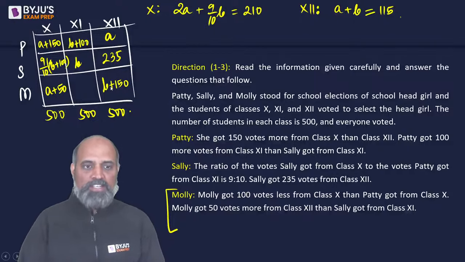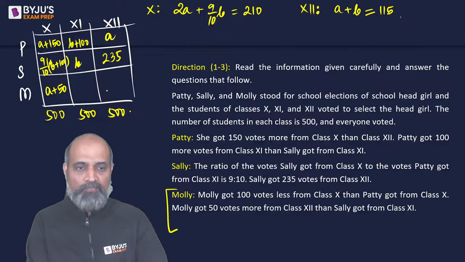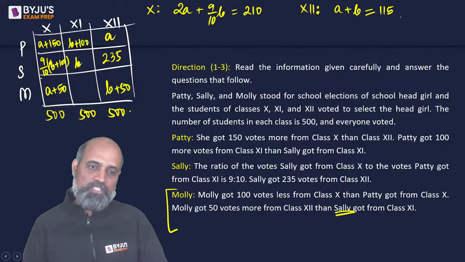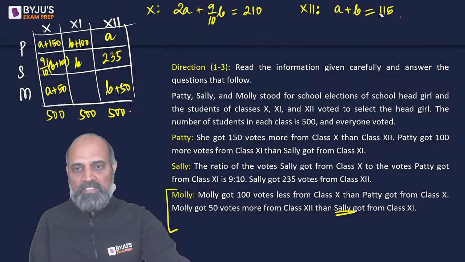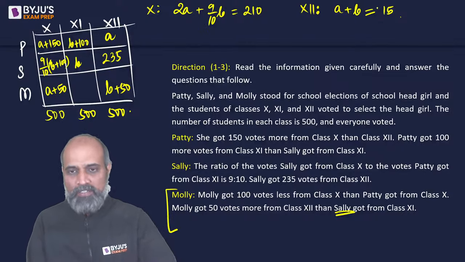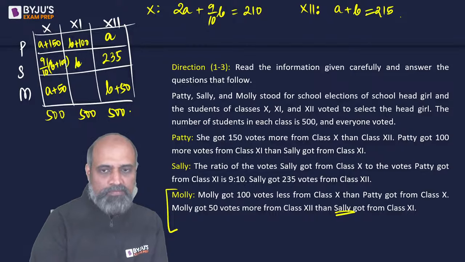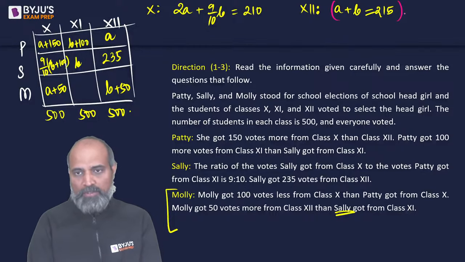Sally has received B, no, so this should be B plus 50. This is a comparison with Sally, not with Polly. So this is going to be 285, and 285 will make this 215. Let's hope I don't have to change anything in the language of the question.